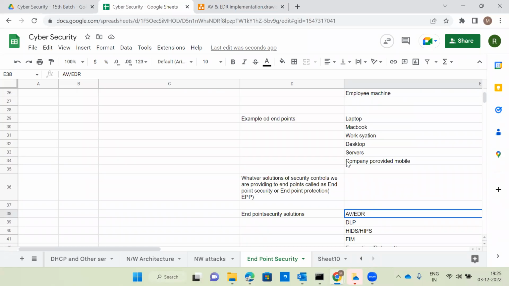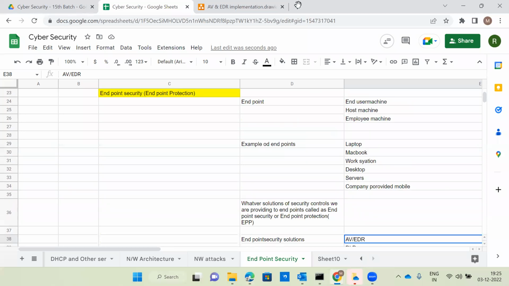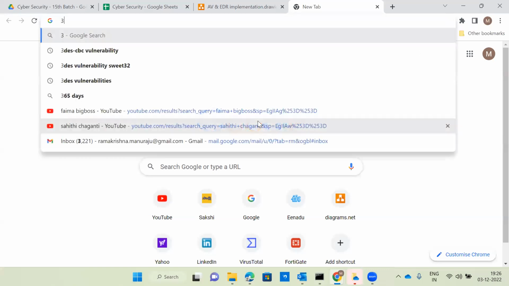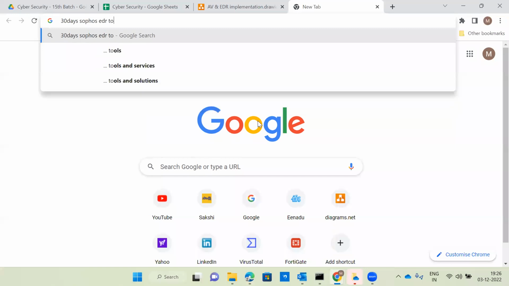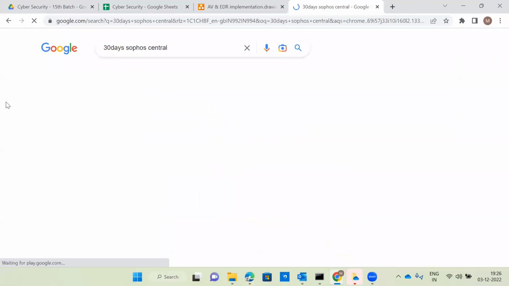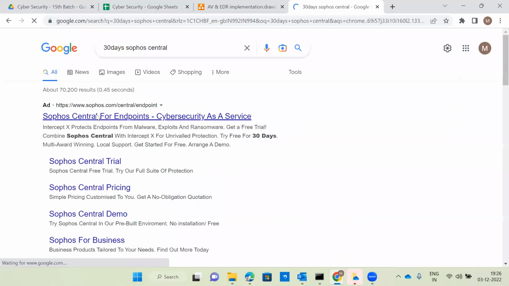As I said, I will discuss the Sophos EDR tool. So what is the work I'm giving you? Go to the Google browser and type 30 days Sophos EDR tool or Sophos Central. For endpoints, you can try Sophos Central trial version.